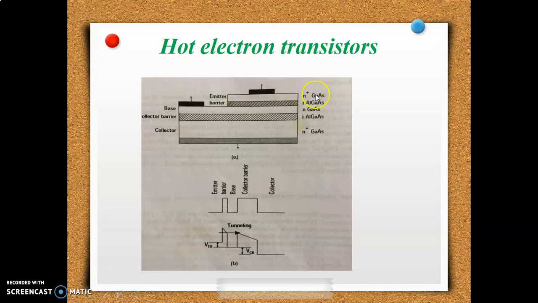It has an N+ GaAs, then intrinsic AlGaAs, then N-type GaAs, then intrinsic AlGaAs, and N+ GaAs. Here you have the collector, base and emitter. Then you have the emitter barrier and the collector barrier. That is the figure depicting the structure of a hot electron transistor, and this is the band diagram. You have to learn this also.